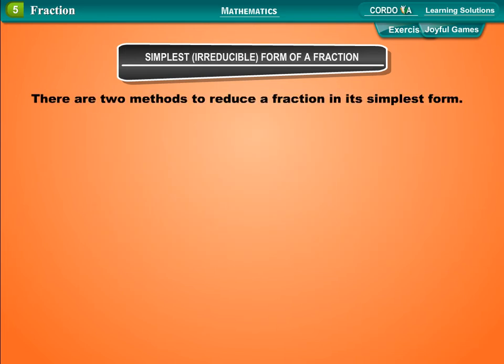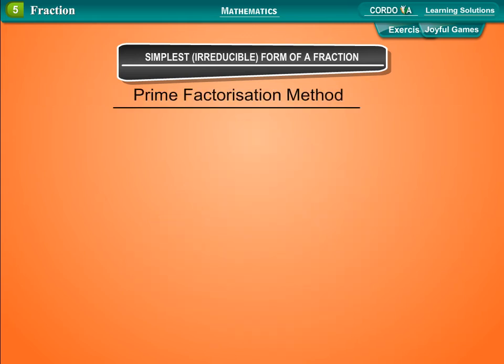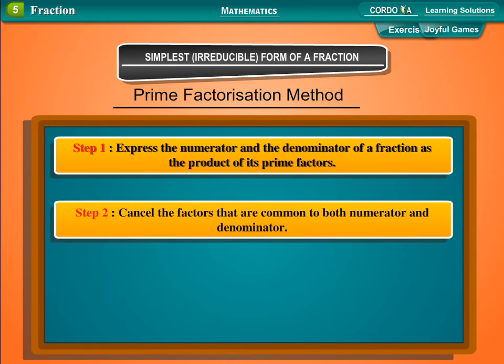There are two methods to reduce a fraction in its simplest form: prime factorization method, HCF method. Prime factorization method. Step 1. Express the numerator and the denominator of a fraction as a product of its prime factors. Step 2. Cancel the factors that are common to both numerator and denominator.